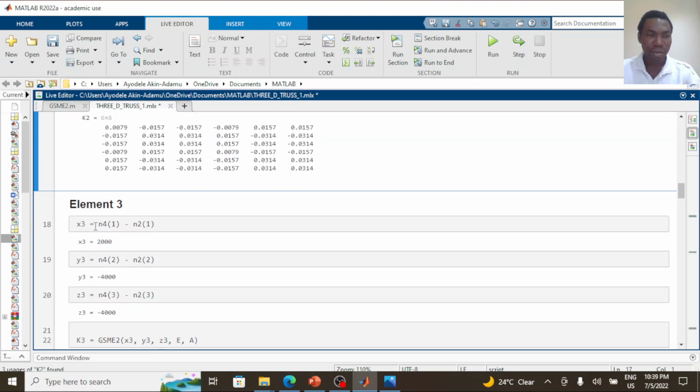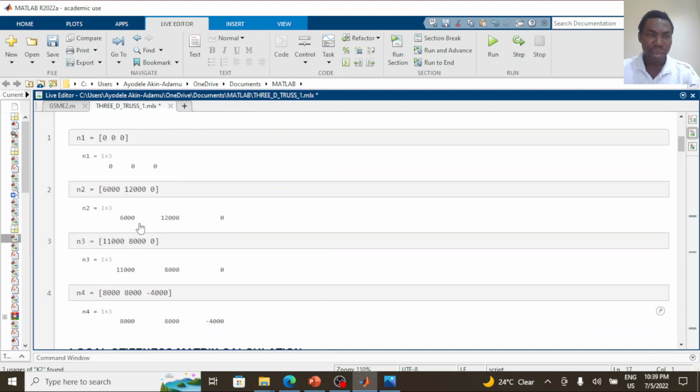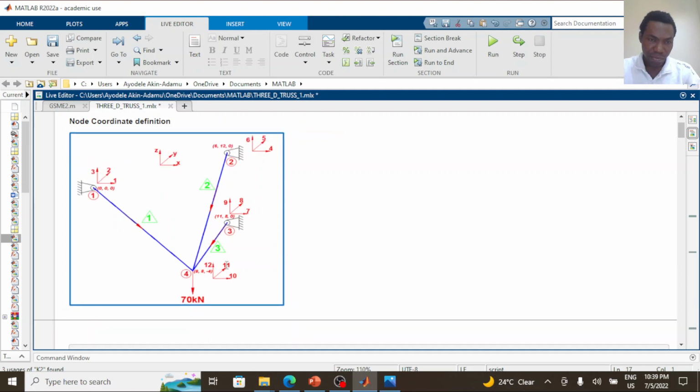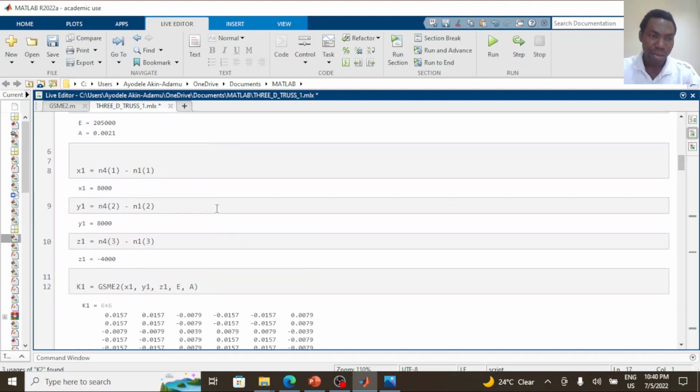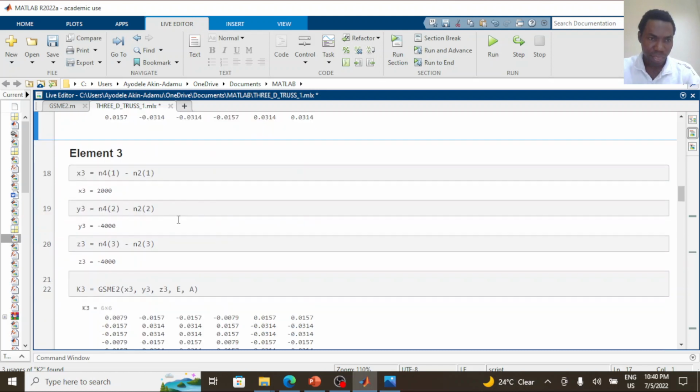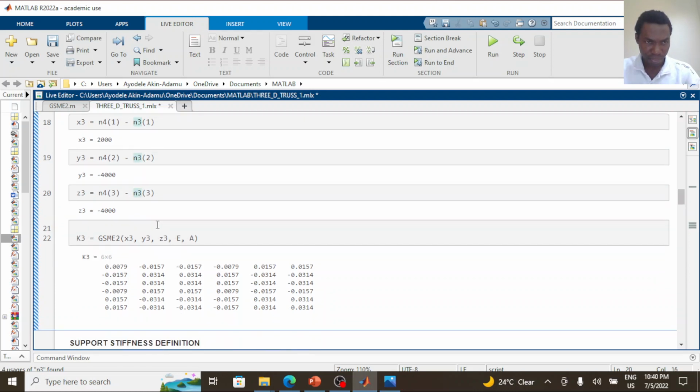Do the same thing for element 3. Element 3 is located between node 3 and node 4, and because the arrowhead is pointing from node 3 to node 4, node 4 is our end node, and node 3 is our start node. So n4 minus n3. So for element 3 it will be n4 minus n3, n4 minus n3, n4 minus n3.